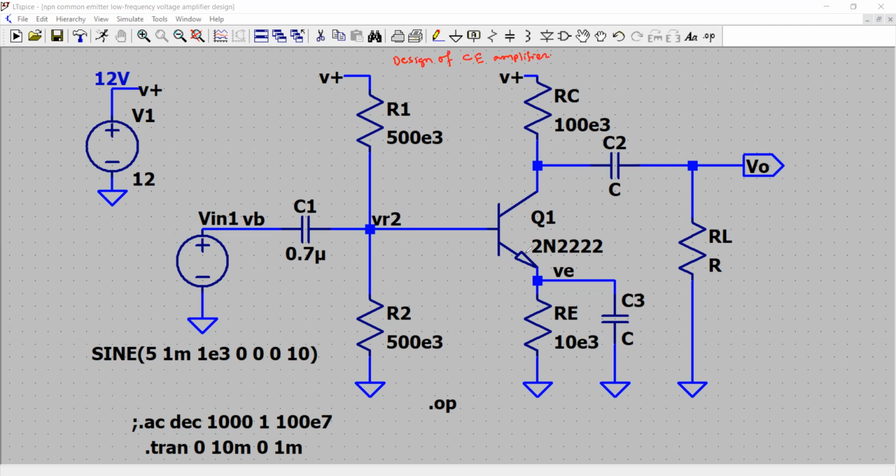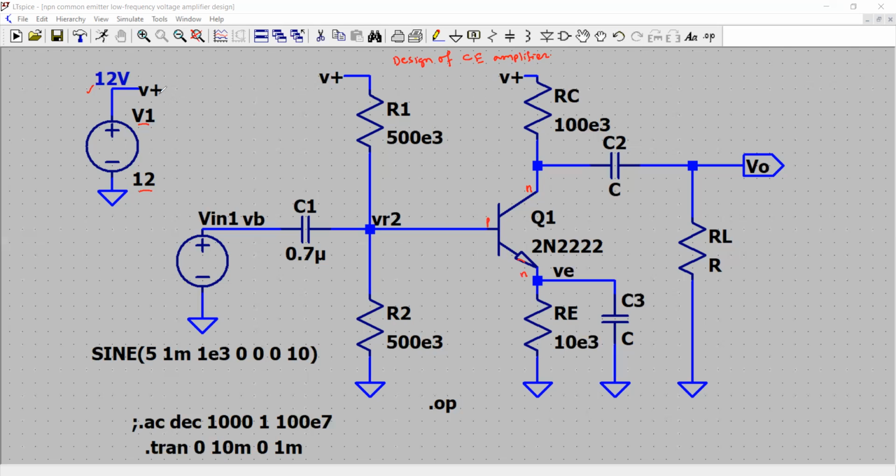As I see from the direction of the arrow, this is my NPN transistor, and there is a power supply or voltage source with the value given. I have used it to source the power to all these circuit elements.